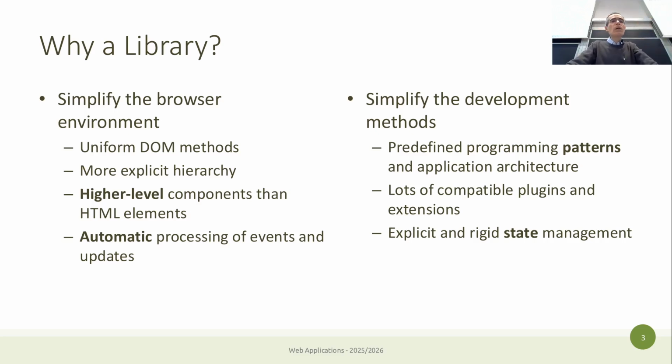So we need something a bit higher level. And if we can define components that are a group of HTML tags, that would be wonderful as well, like we create functions when we program with simple statements. And this is what we can achieve with a library or framework like React.